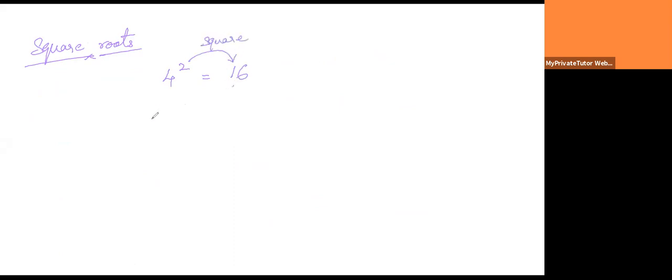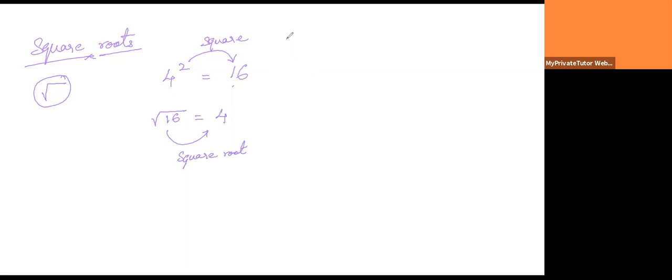Similarly, if we take the reverse, square root, this is the symbol for square root. The square root of 16 becomes 4. So you can see the difference between the square and the square root. It's just a reverse.